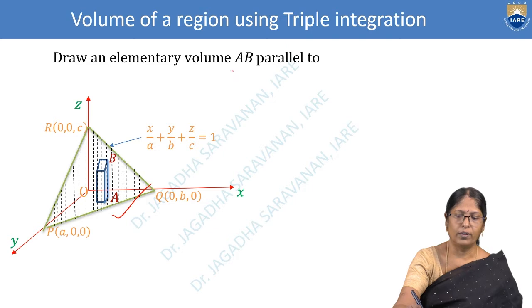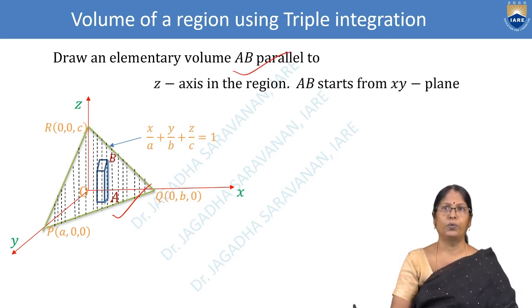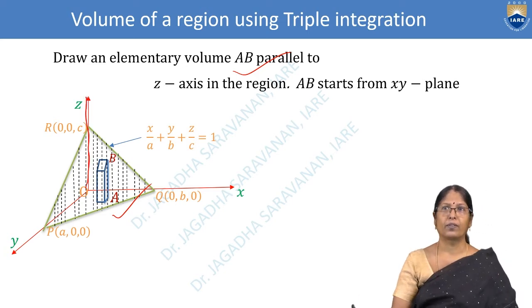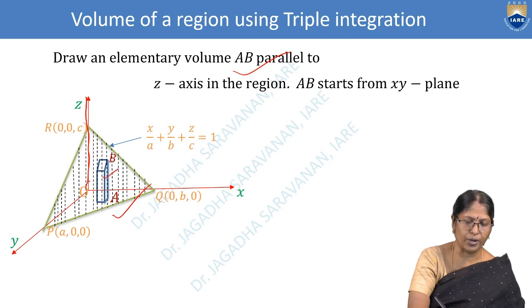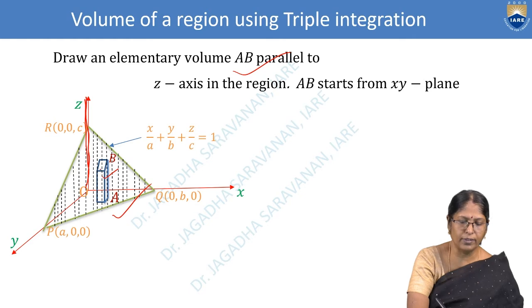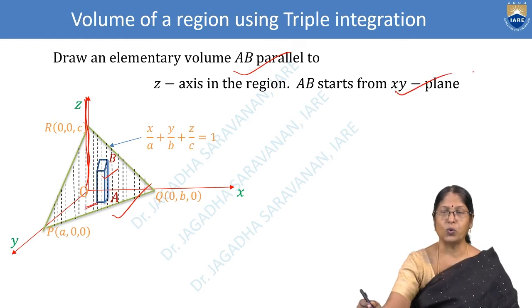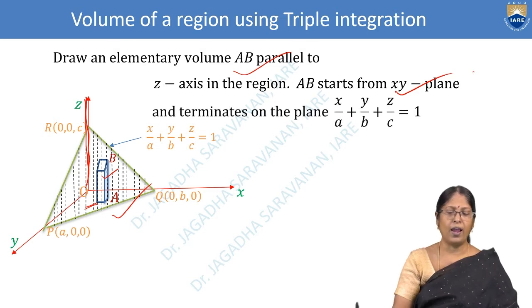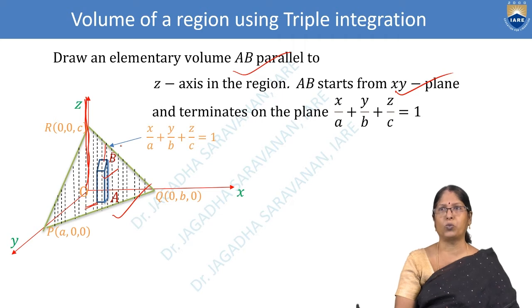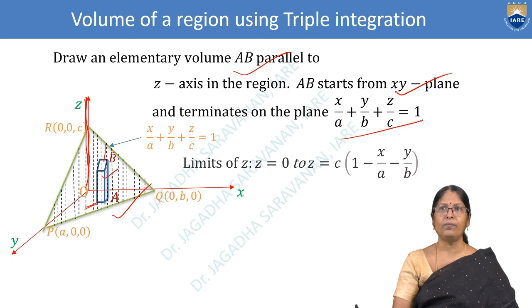So now the strip AB is parallel to the z-axis, which is clear. It starts from our xy plane, and it terminates at the three-dimensional plane.